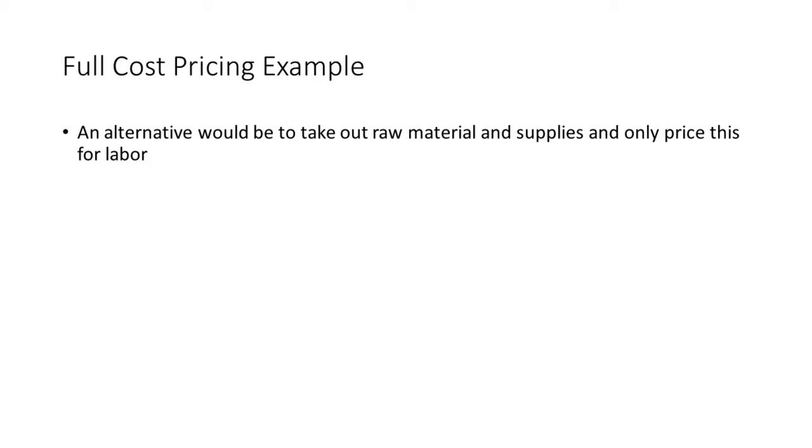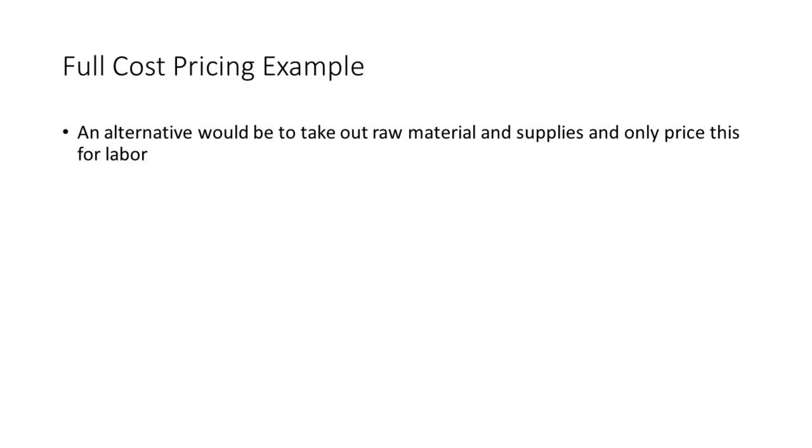Now, probably a more typical way to go about this exercise would be to take raw materials and supplies out of the cost basis and only price this for labor, because probably we don't know what materials each customer is going to want us to use or need for us to use. So taking the materials out gives us the opportunity to just price our fabrication labor by itself.